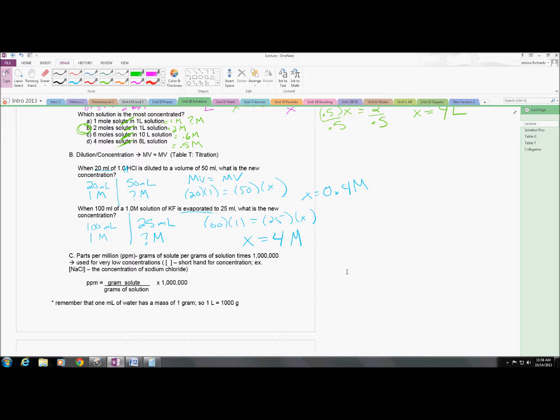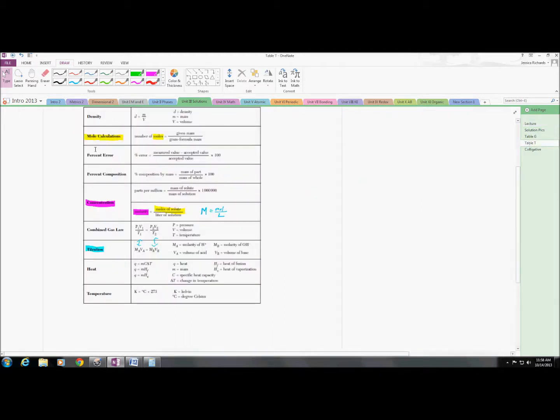They're saying if I have 1,000,000 particles, how many of those parts would be my target solute? And the equation for it is on Table T. It's in the same concentration box as our molarity. It's right here, parts per million. You're going to use this for things that are only slightly soluble, typically things that you can't see or smell, or you wouldn't even know that they're there, but they are.